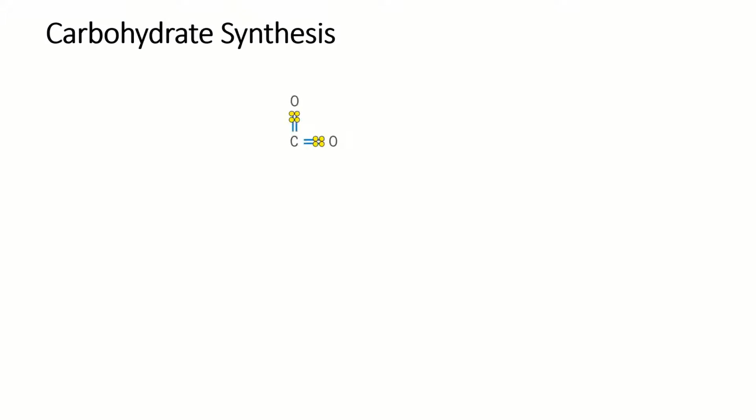So how is carbohydrate synthesized from carbon dioxide? This process of carbohydrate synthesis, when studied by scientists, somehow allowed us to classify plants into three types, depending on how they process the carbon dioxide to become sugar.